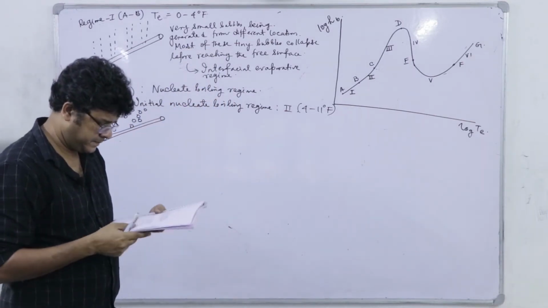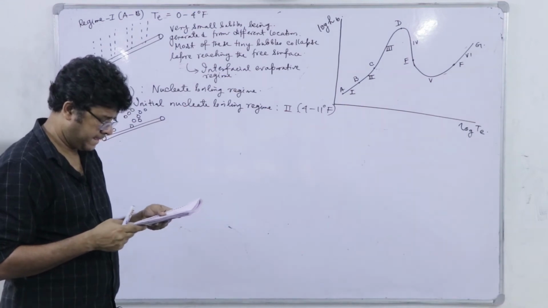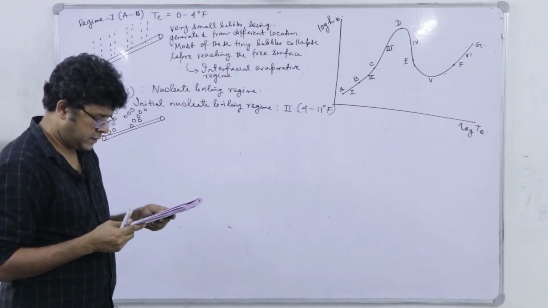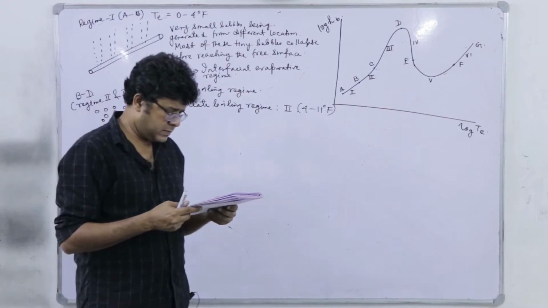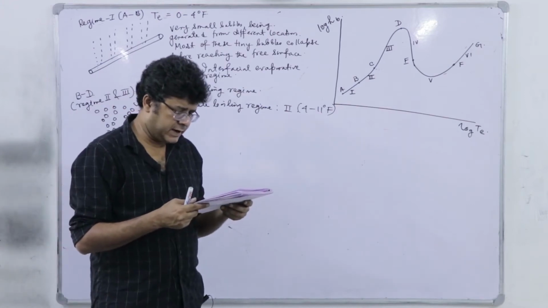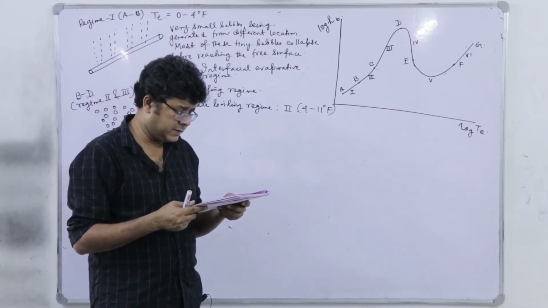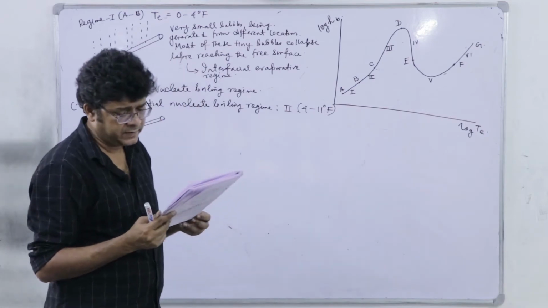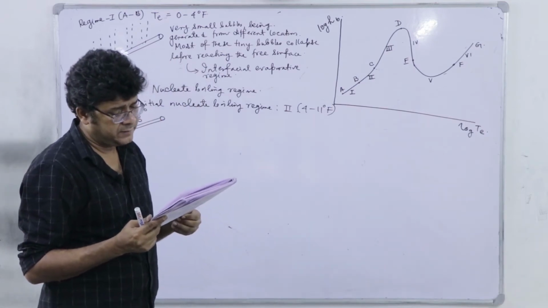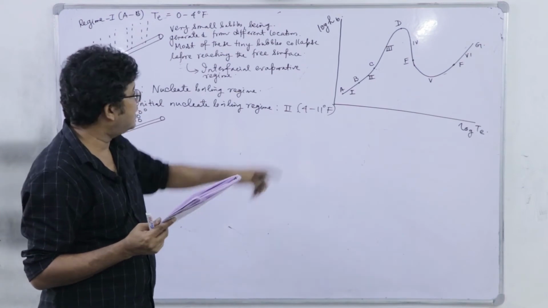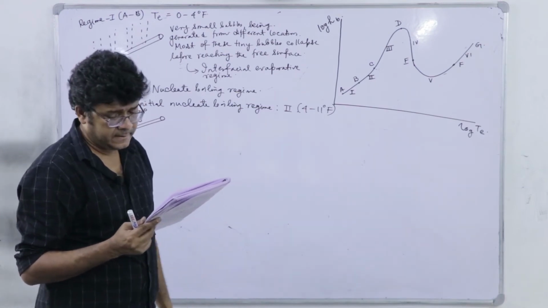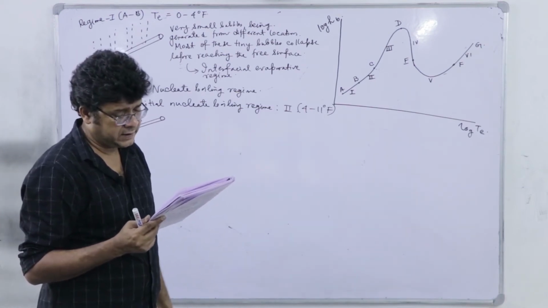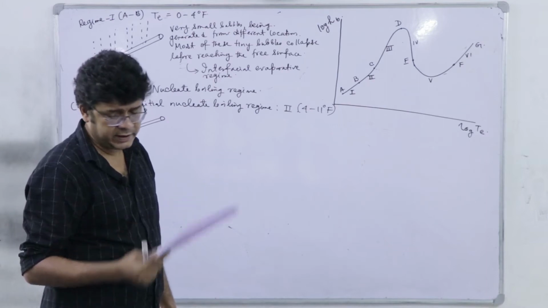So isolated bubbles are formed at the surface of the weir, but most of them collapse before reaching the free surface of the liquid. Because bubble formations at reasonable rate starts at B, the point indicates the onset of nucleate boiling.